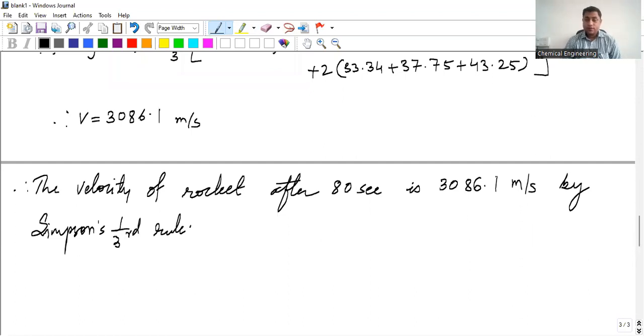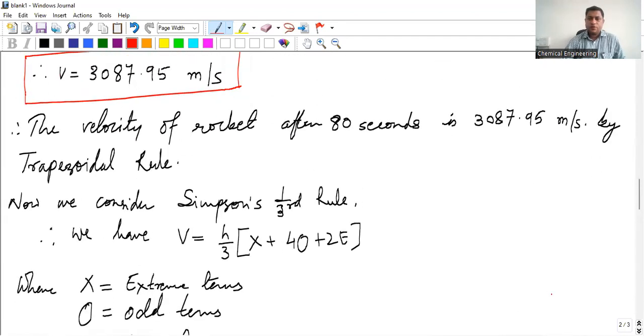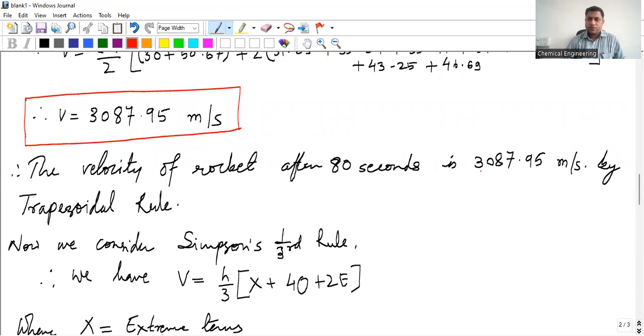By using Simpson's 1/3 rule, we get the velocity to be this one, and by using the trapezoidal rule, the velocity estimated is this one. This way we are able to use Simpson's 1/3 rule and the trapezoidal rule to find the value of the integral or the required value.